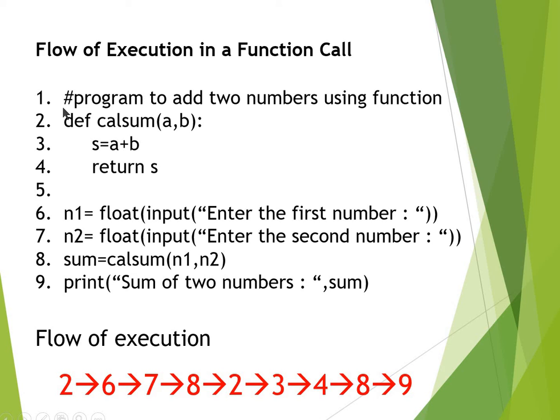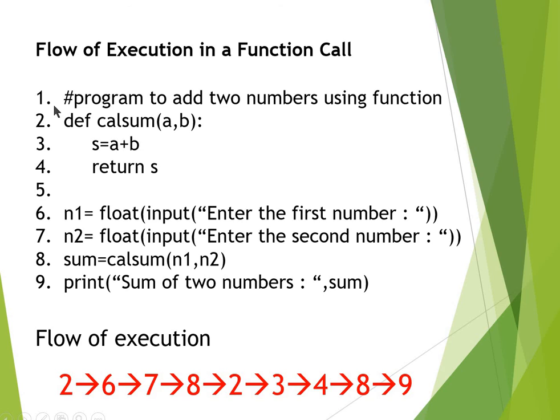It will start from the first line. Since this is a comment line, it will not execute. Once it encounters the function definition, it will come to the main only. The function definition will not be executed. Then the function call: once it comes to the function call, it goes to the function, gets executed till the last statement or the return statement, comes back to the calling statement, then the remaining statements get executed.